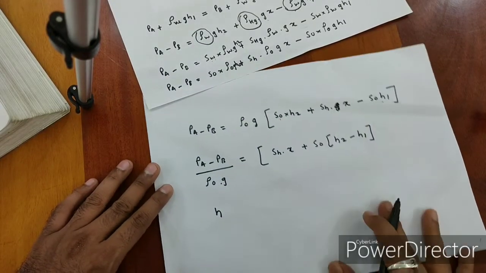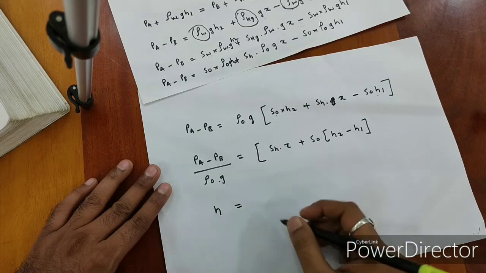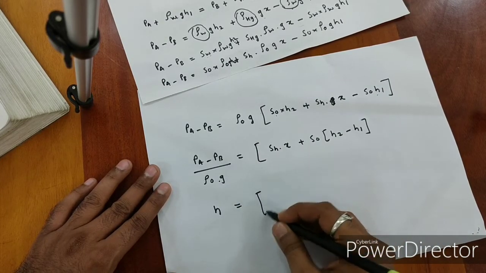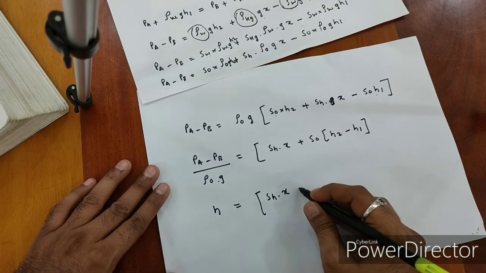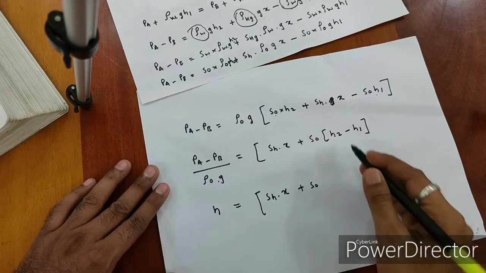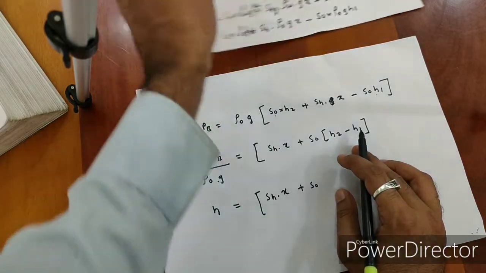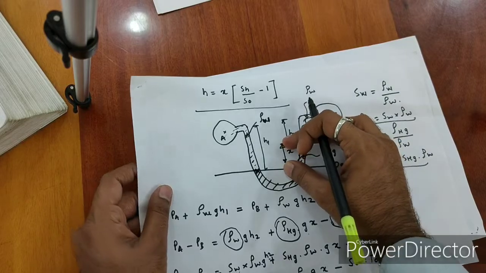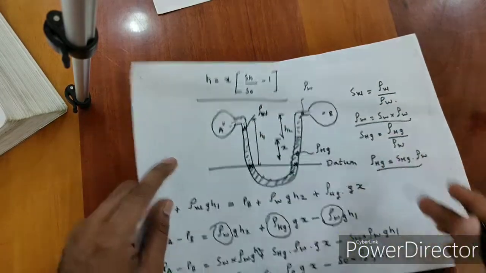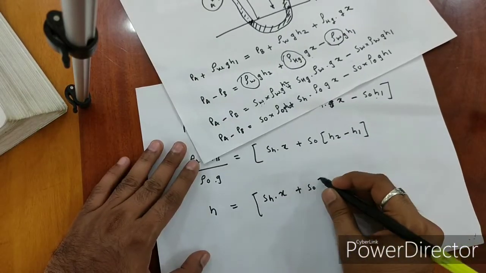Already we have seen this in the derivation. H equals SH x plus SO (H2 minus H1). You see in the figure, H1 minus H2 is x, so H2 minus H1 will be minus x.